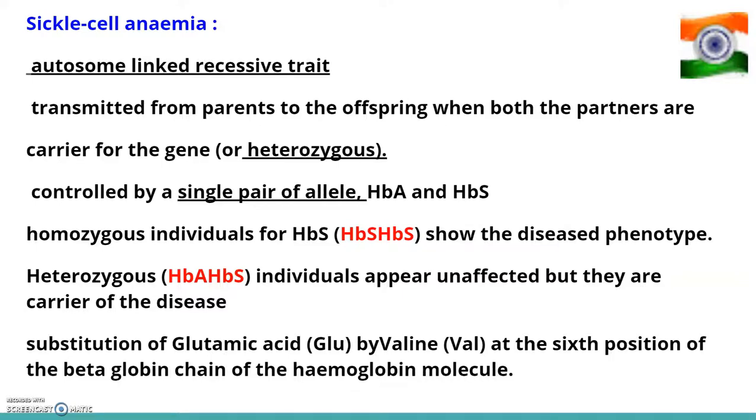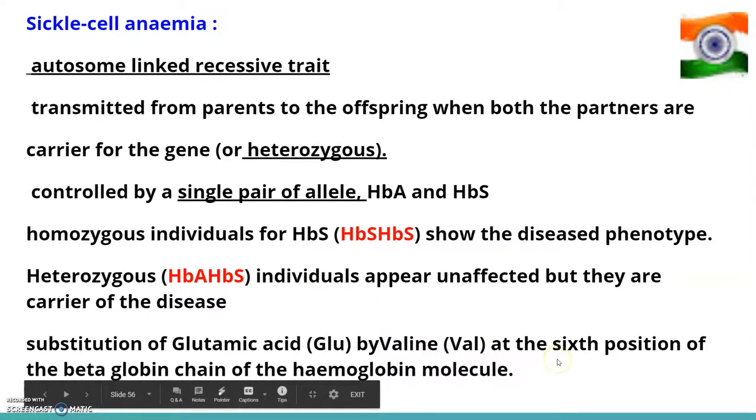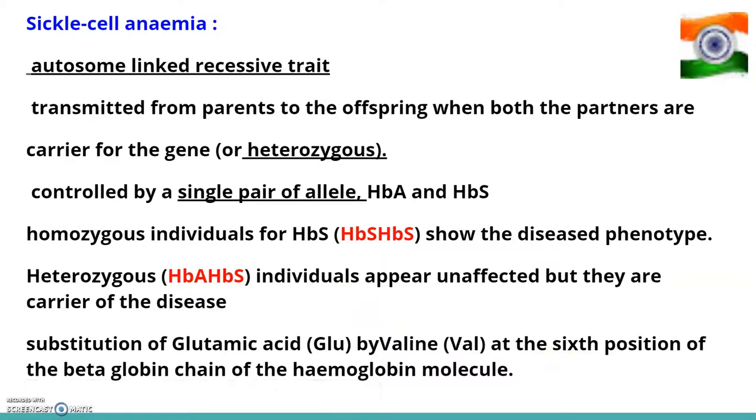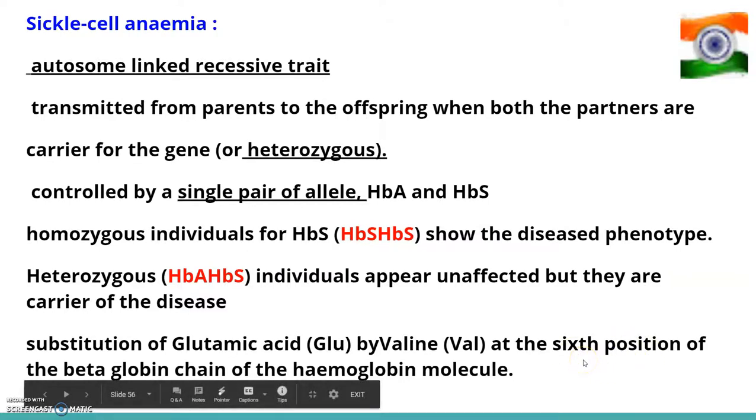This defect is actually caused by the substitution of glutamic acid by valine at the 6th position of the beta globin chain of the hemoglobin molecule. This substitution of amino acid in the globin molecule results from a single base substitution at the 6th codon of the beta globin gene, from GAG to GUG.